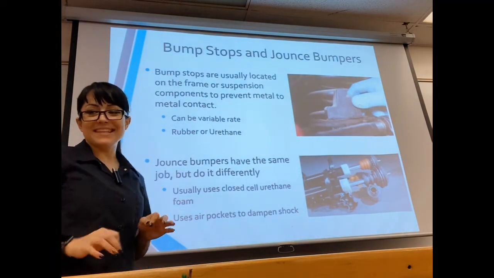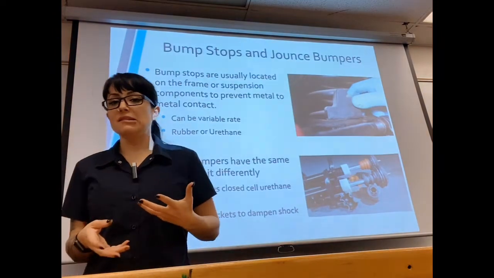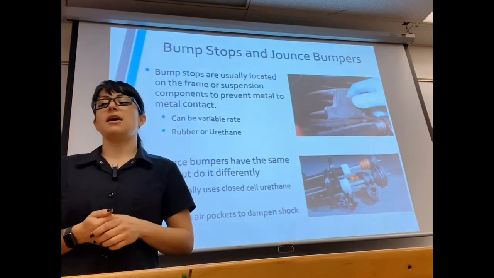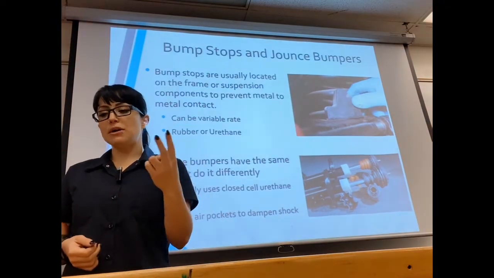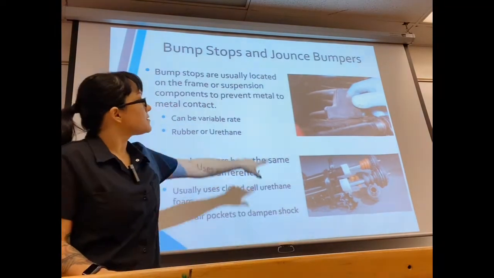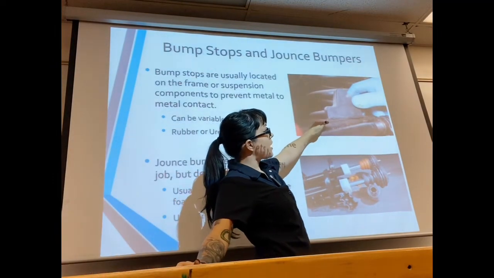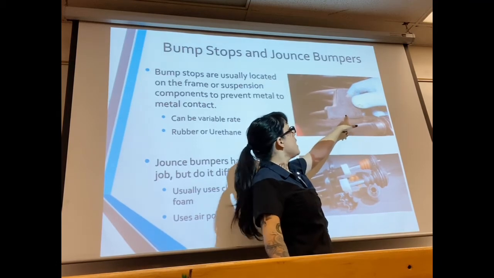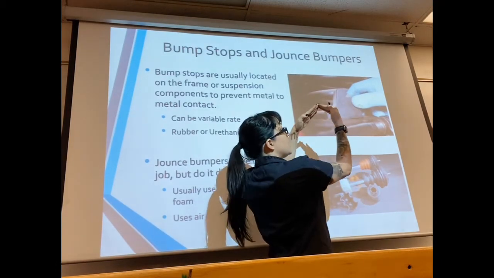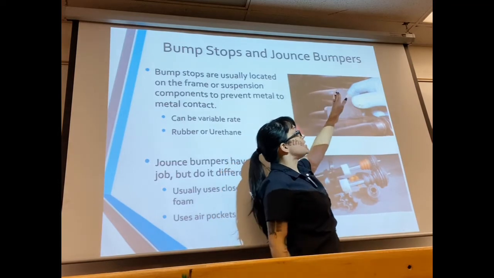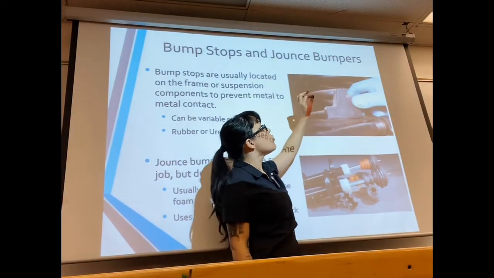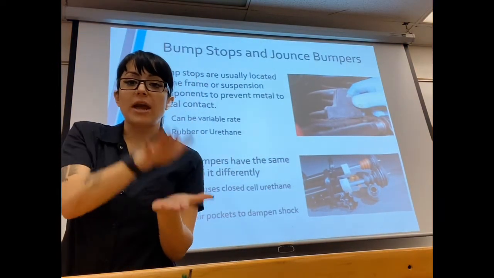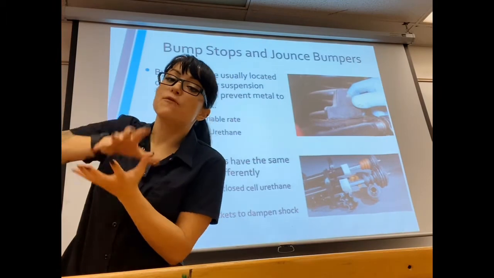Bump stops. So there's two components that really do the same thing. They just happen to be located in different areas, and that is bump stops and jounce bumpers. Bump stops are going to be something like this, where it's located on the frame, and it's usually this sort of rubber-looking mountain piece here. It can be angled, it can have a step where it's variable rate, but what we don't want is for the vehicle to bottom out on the frame when the suspension is fully compressed.